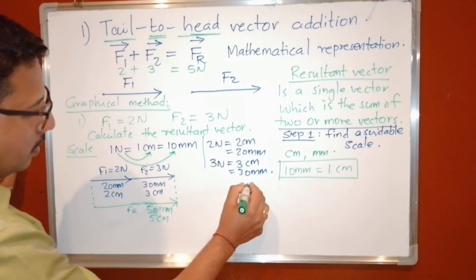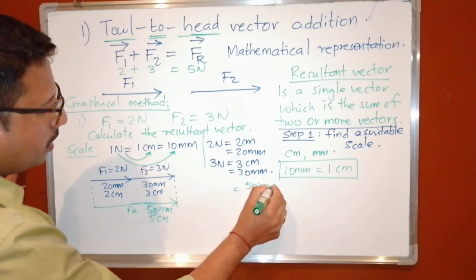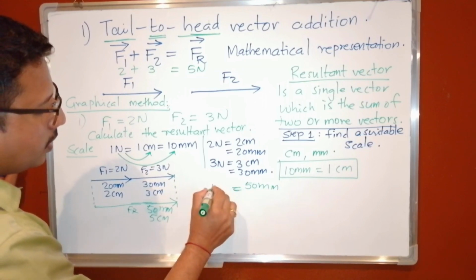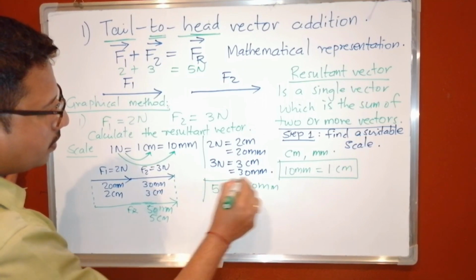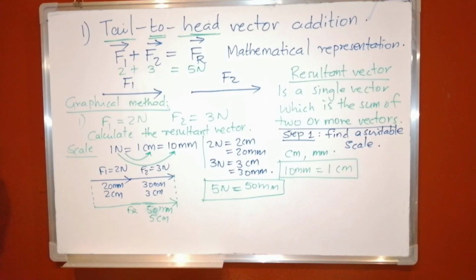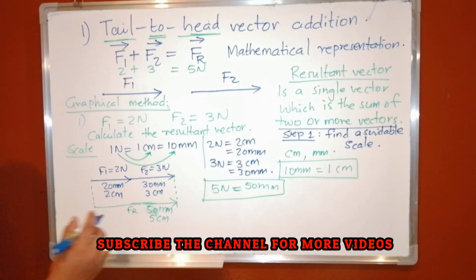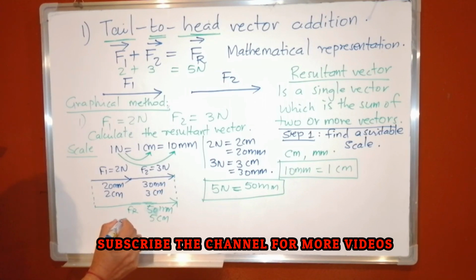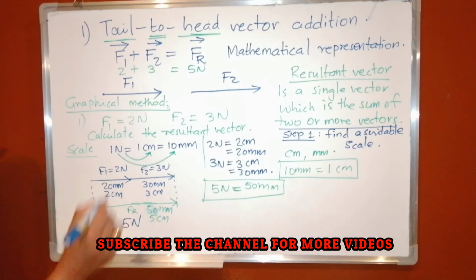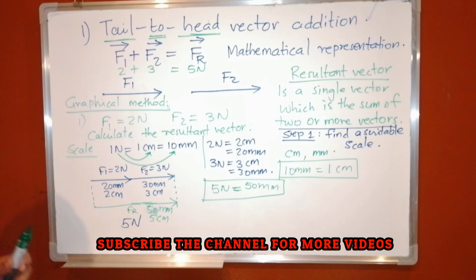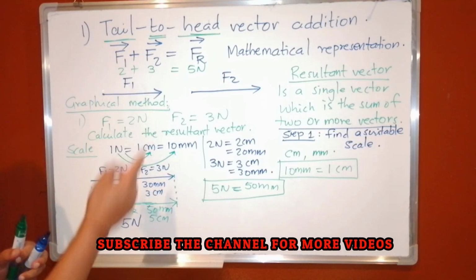Then 50 millimeters must be equal to 5 Newton. That's the conversion back to Newton. Then you must write here that your FR is 5 Newton. This is simple vector addition using tail to head vector addition.